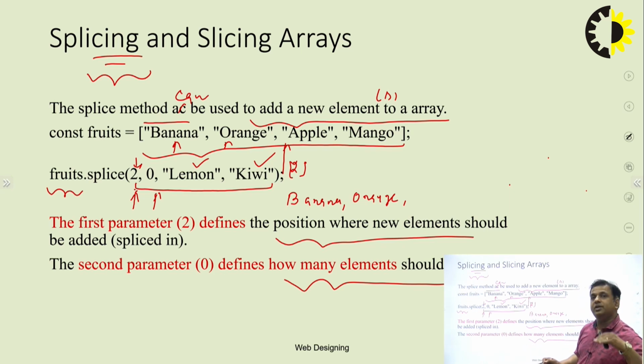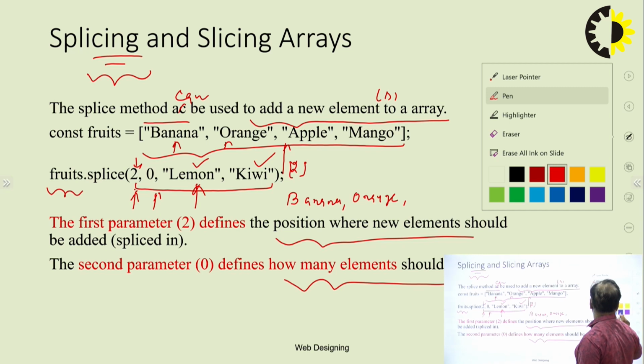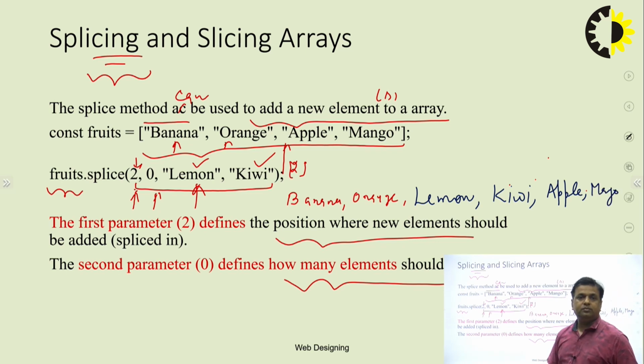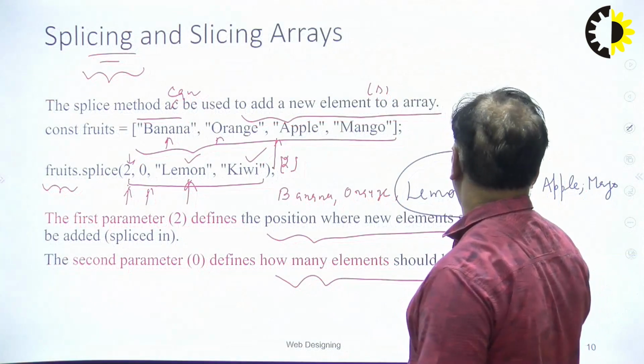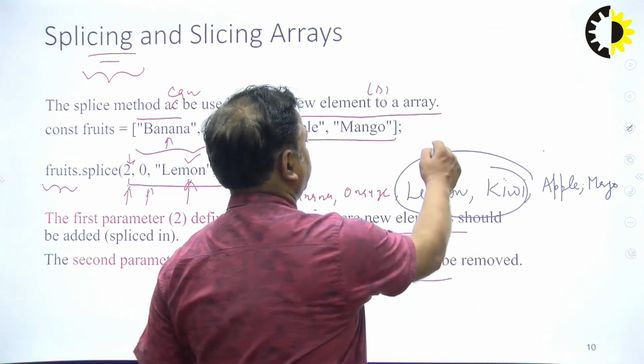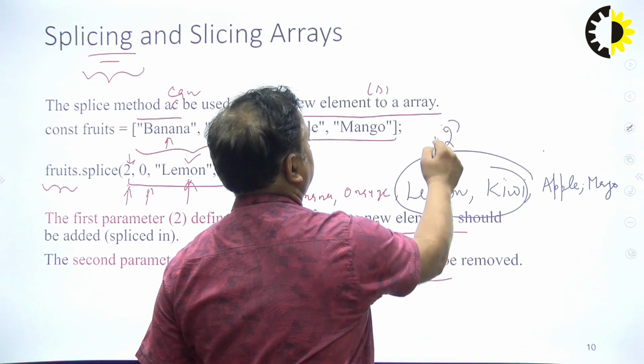I am interested to insert the elements. So which elements do I want to insert? Lemon, comma kiwi, comma apple, comma mango. So what have I inserted here? Lemon and kiwi. At which position? Location number 0, 1, 2. Index 2.